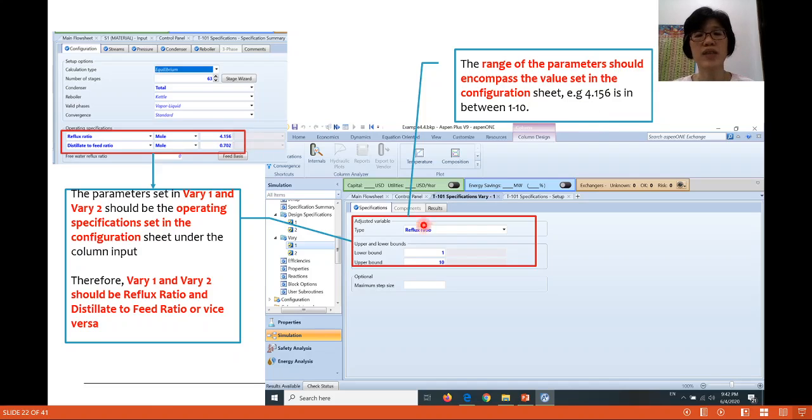So make sure the range that you suggest includes the value that you set in the configuration. Okay? You cannot set something like 0.1 to 1, because you are not allowed to simulate later on, because the value that you put in your configuration is actually outside the range. Okay. So we have this done.